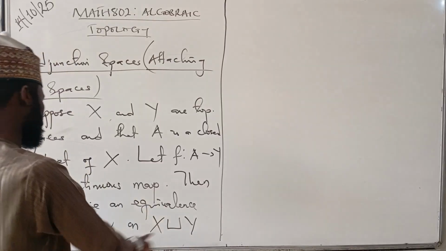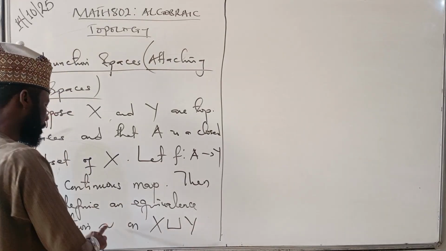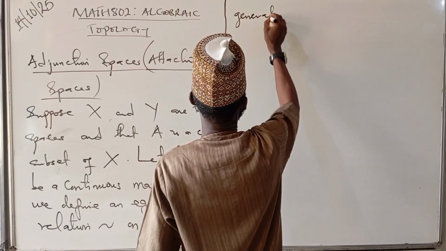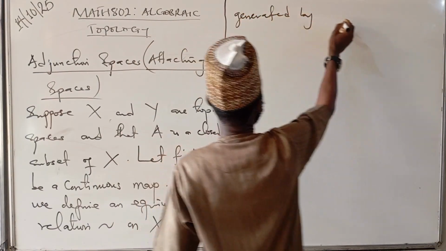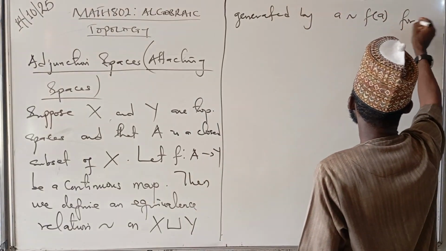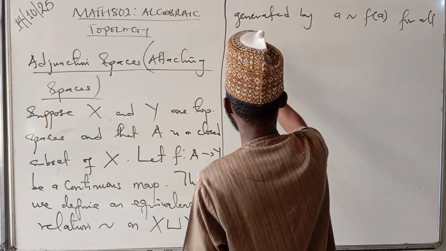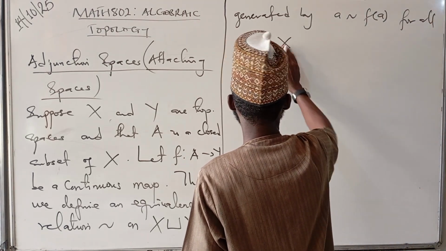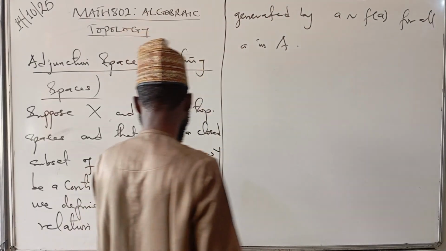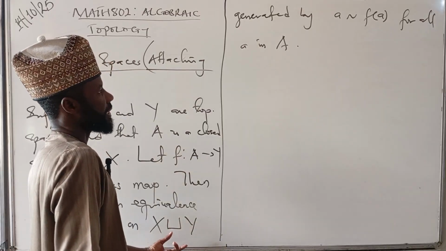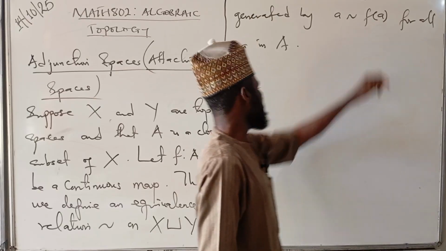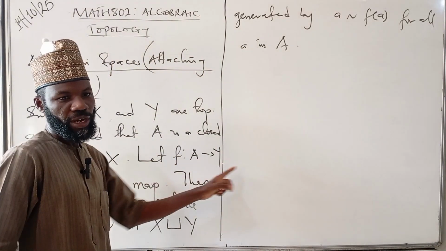So on the disjoint union of X and Y, you define an equivalence relation to be the one generated by a related to f of a, for all a in A. Every other member is related to itself, and members of A will relate to their image in Y under this continuous mapping.